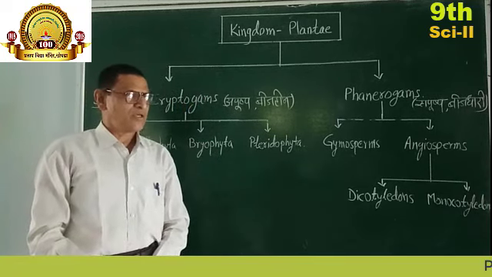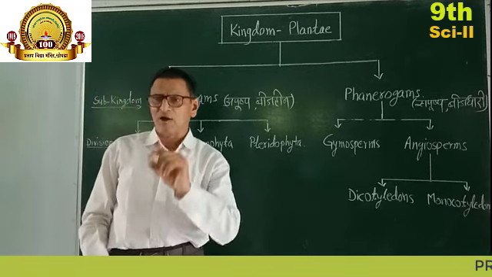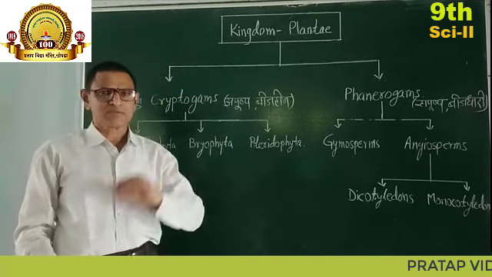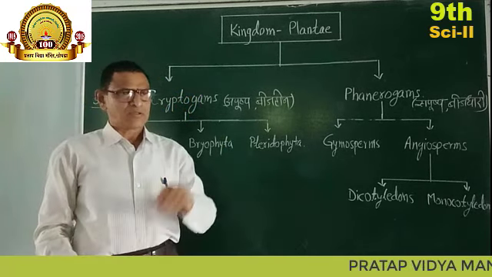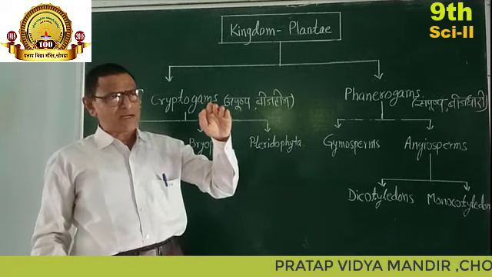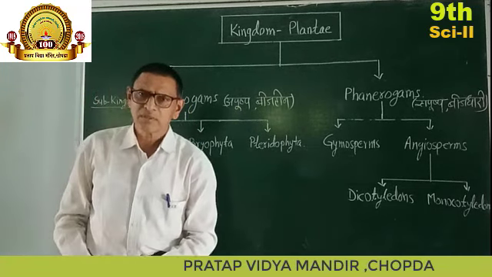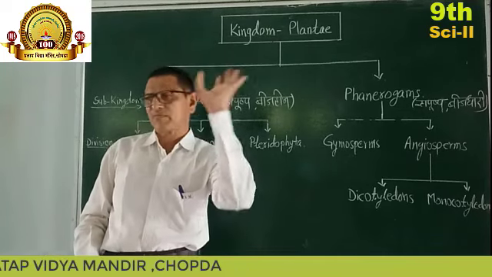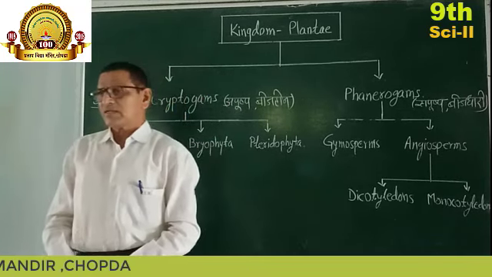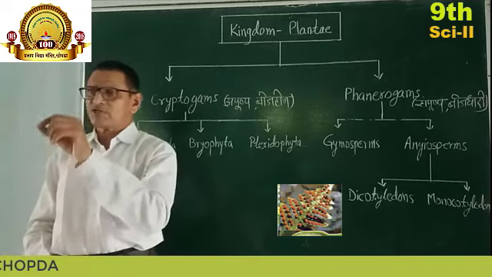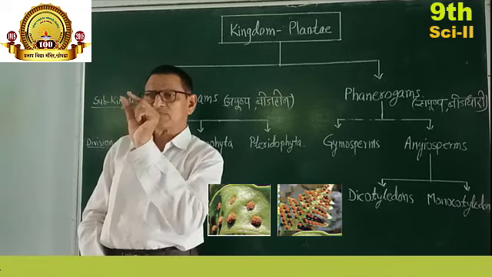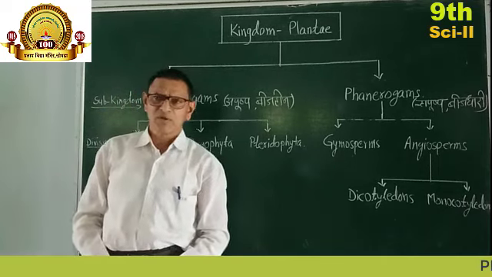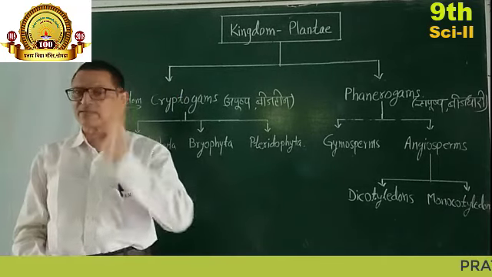Please observe the leaf of pteris. The lower side of that leaf has brownish dotted forms. These brownish dotted forms have spores present in them.